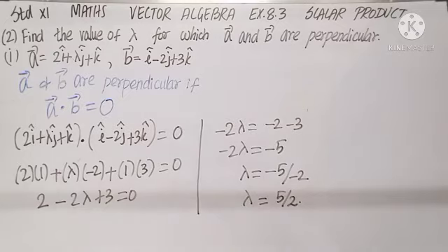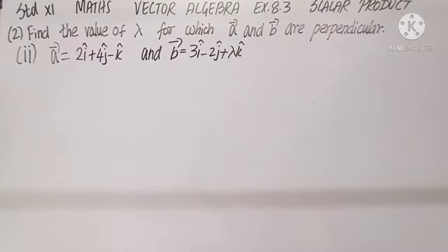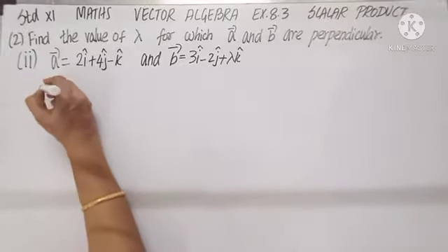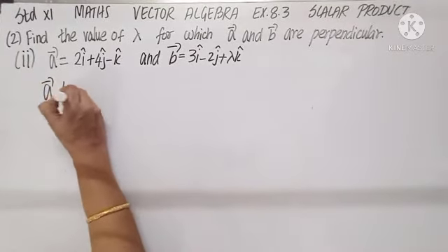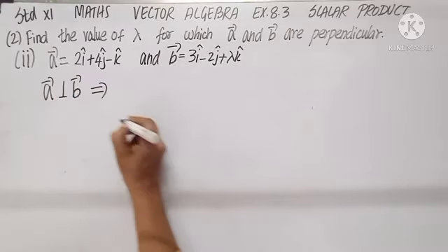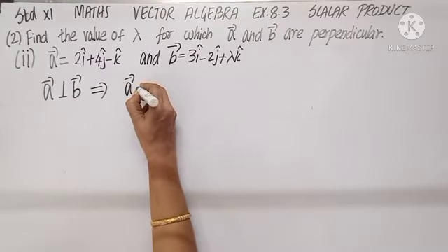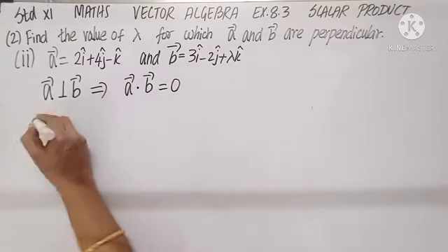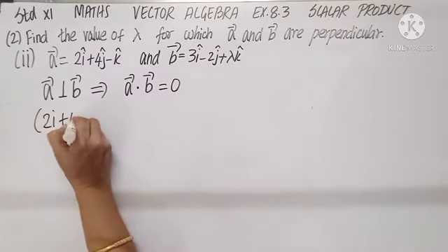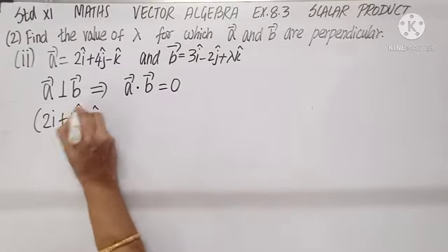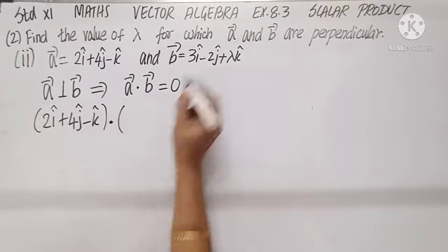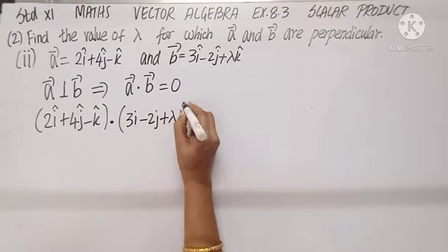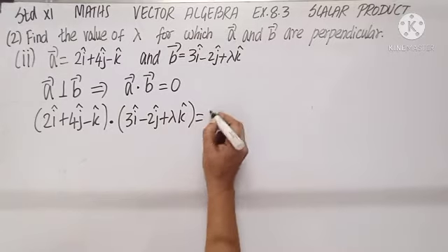Second subdivision, given A and B, we need to find the value of lambda given A vector perpendicular to B vector. That tells us A vector dot B vector equal to 0. A vector is 2I plus 4J minus K dot B vector 3I minus 2J plus lambda into K equals 0.